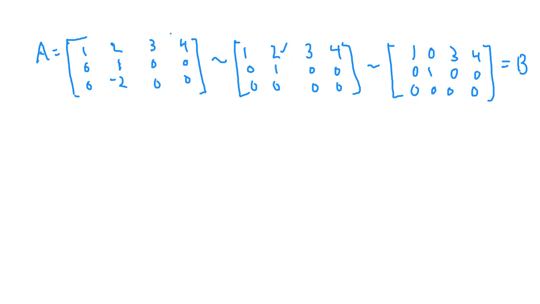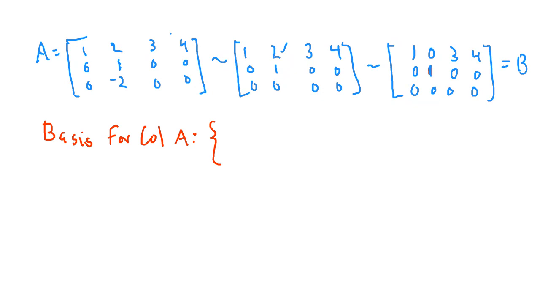Okay, so based on this, what's the basis for the column space of A? What vectors form the basis for the column space of A? Well, where do we look to determine that? Sometimes you can see it right in the matrix A, but here we want to train ourselves to look at the matrix B to figure out what the basis is.